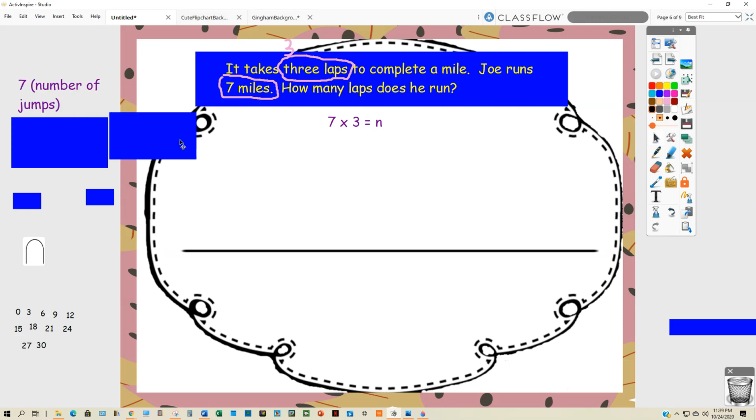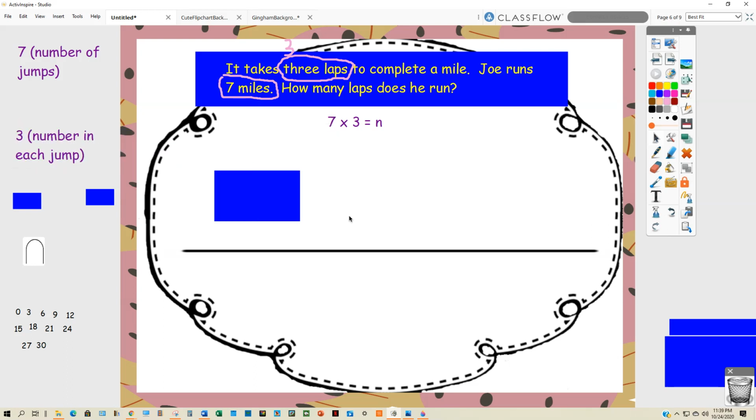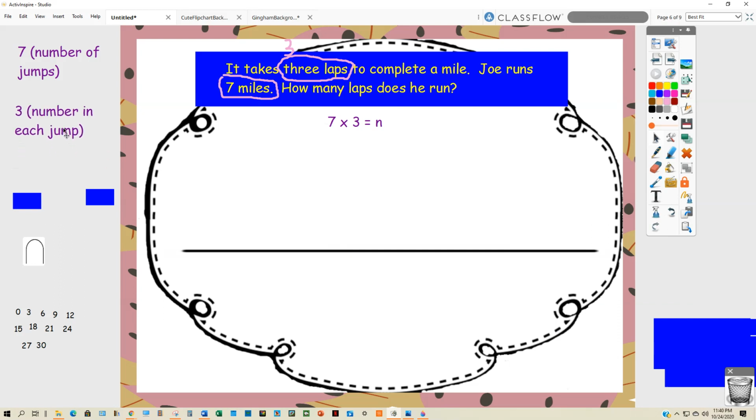So what am I going to do? 7 is the number of jumps that I'm going to take. So this right here is how many jumps I'm going to make. 3 is the number in every single jump that I'm going to do. Okay, so I need to set up my open number line here so I can jump 7 times and put 3 in each jump.